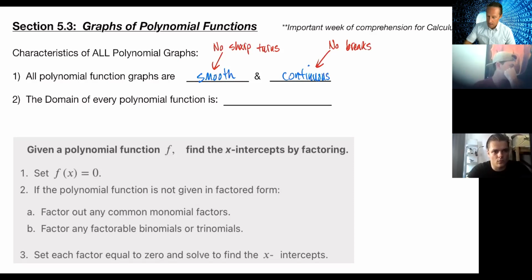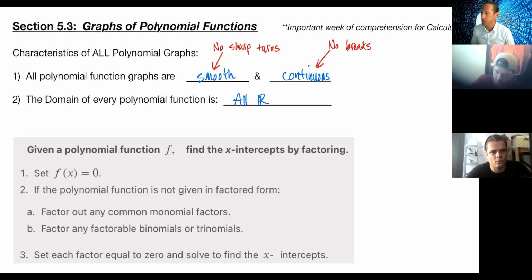Okay. And if every polynomial is both smooth and continuous, then what would its domain be? Negative to positive infinity. Very good. We say that it is every single x value that we could possibly think of.